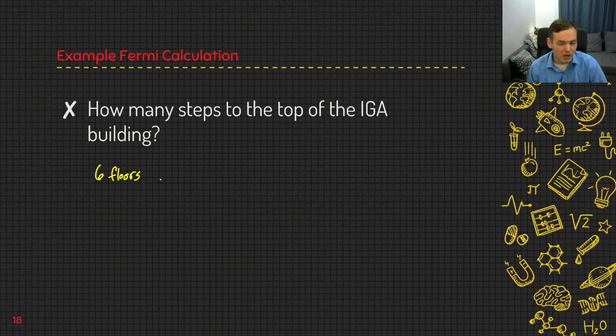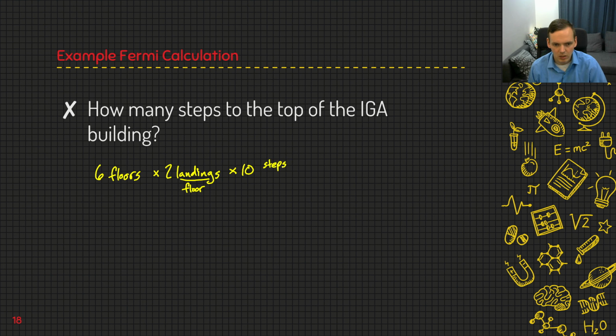I'm just going to ballpark that each of those floors has 2 landings, give or take, right? 2 of those flat areas between steps. And I'm going to say that each of those landings has about 10 steps between them.